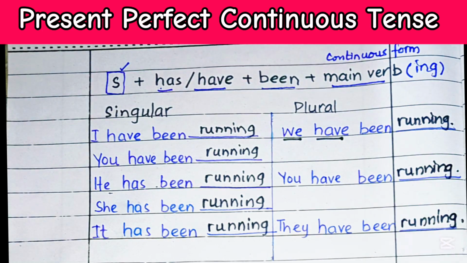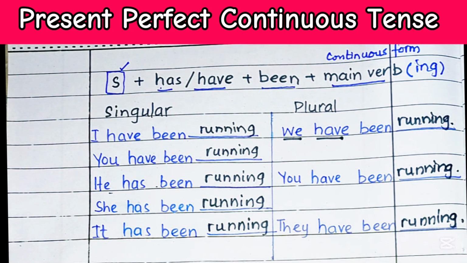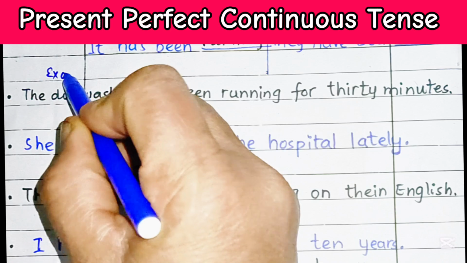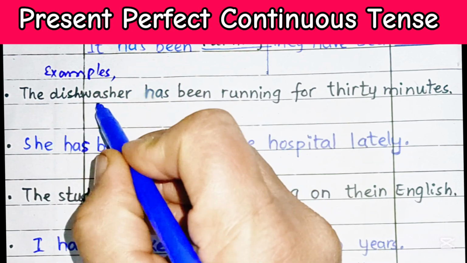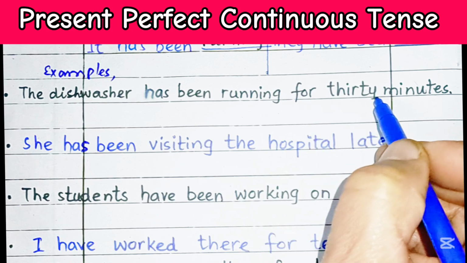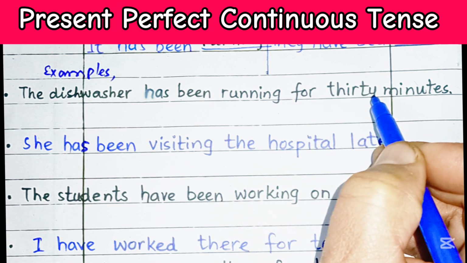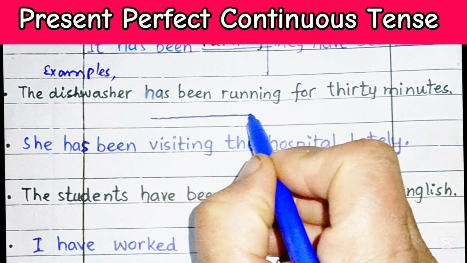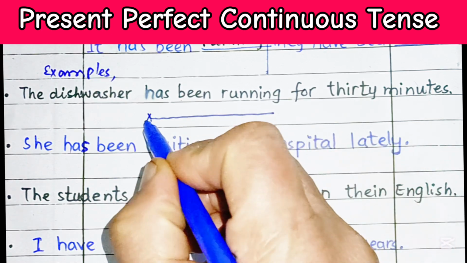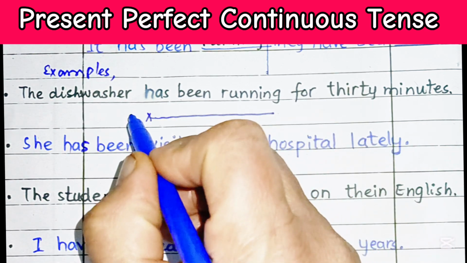So if we take one more example in order to understand the concept of present perfect continuous tense, one example is: the dishwasher has been running for 30 minutes. On the timeline, if we draw a timeline over here, it is going to begin from here.